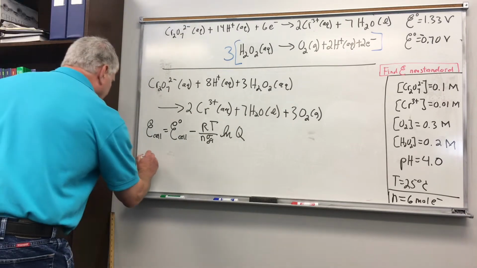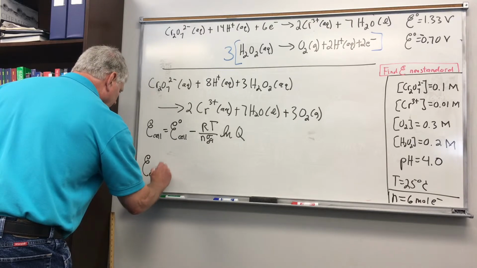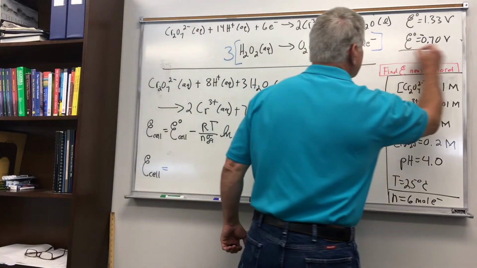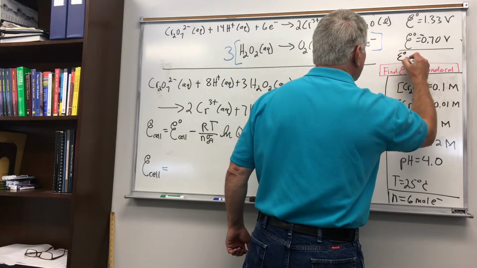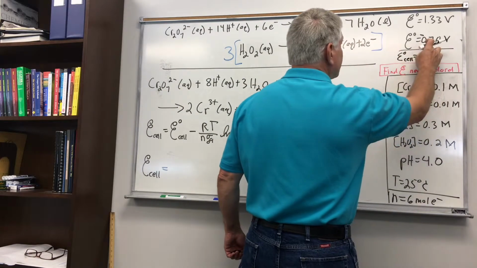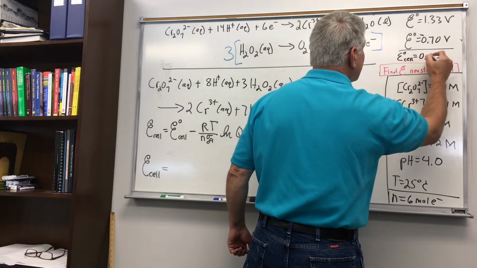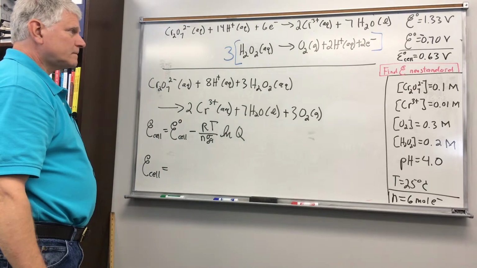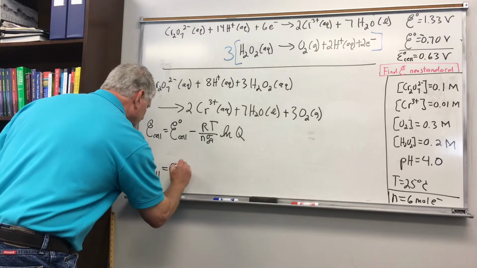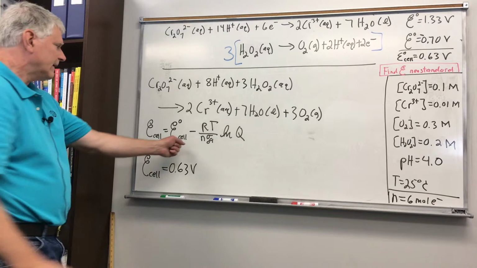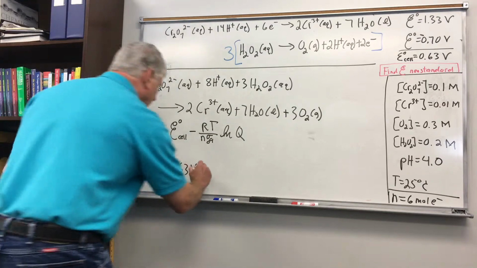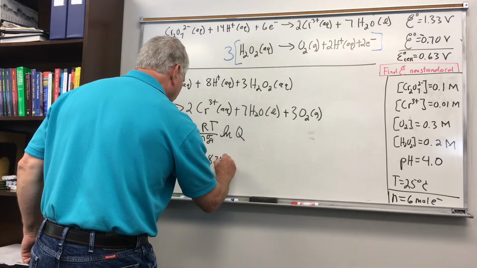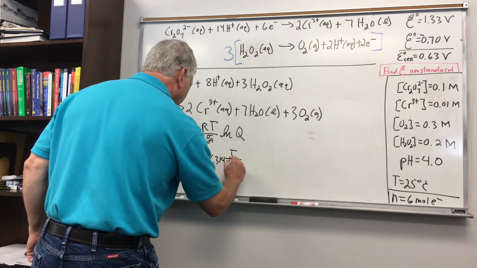So I'll plug numbers in. E for the cell is equal to E standard for the cell, and that's just the sum of the oxidation plus the reduction. That's going to give 0.63 volts. So I have 0.63 volts for the standard cell potential minus R, 8.314 joules per Kelvin mole.